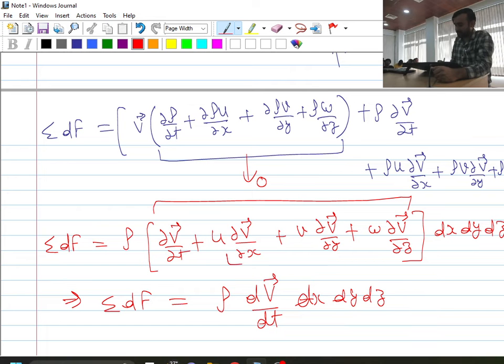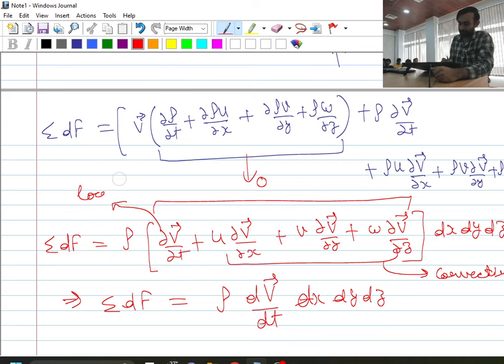So over here, this first term is nothing but convective acceleration, and this term is local acceleration. So convective plus local is the total or substantial derivative or total acceleration.